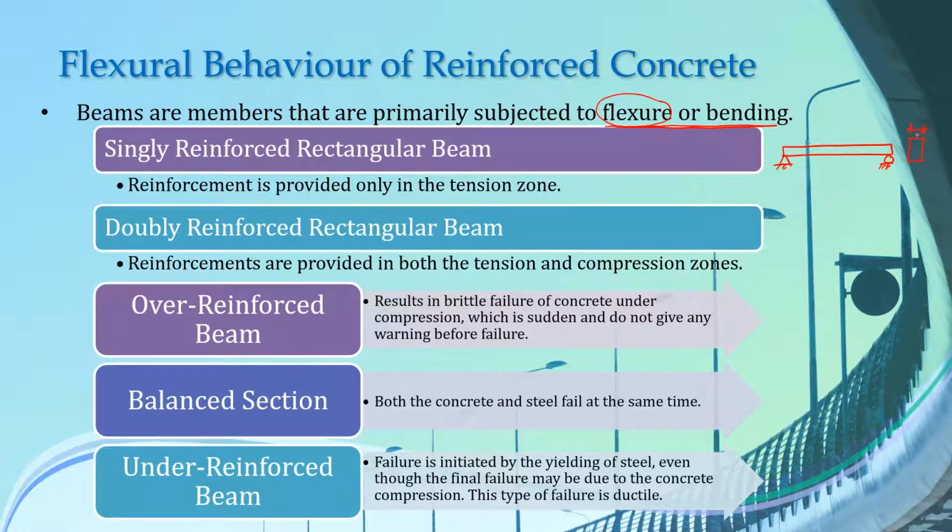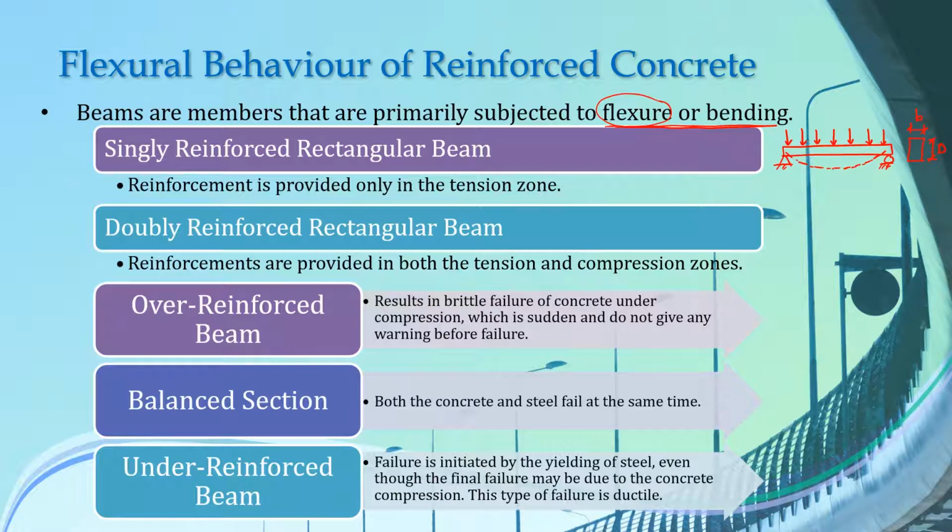We have a rectangular beam whose width is B and the total depth is capital D. So if this beam is subjected to a uniformly distributed gravity load, then this beam deflects in a manner similar to this. The dashed line that you see on your screen represents the deflected shape, or the elastic curve of our beam.